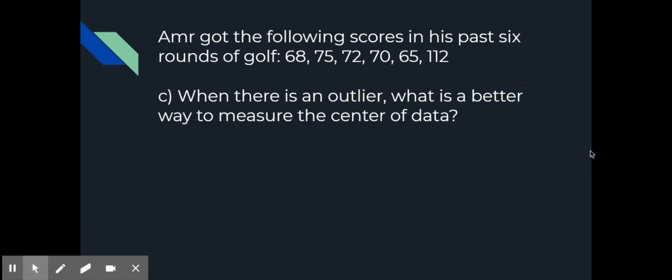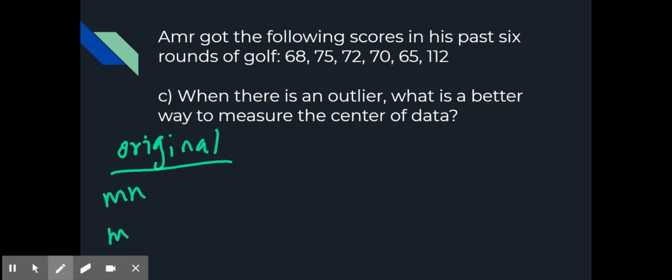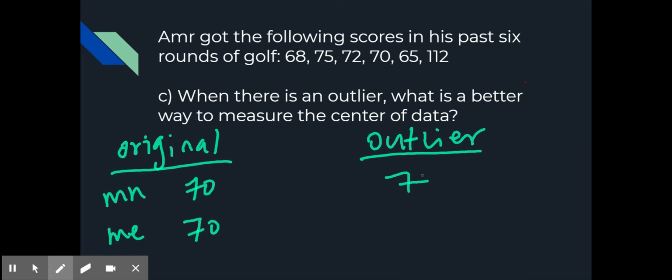So now I'm wondering, when there is an outlier, what is a better way to measure the center of data? Now, originally, our mean and our median were both 70. With the outlier, the mean changed to 77 and the median only changed to 71.